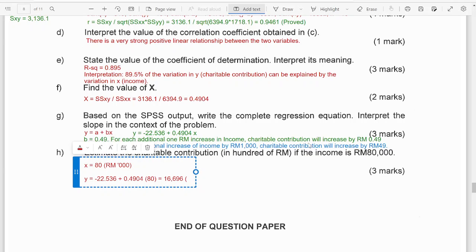So this is in RM 100. Okay, or equivalently, so this is equivalent to, you ubah terus lah. So dia akan jadi RM 1169.6. Okay, so that is the solution.